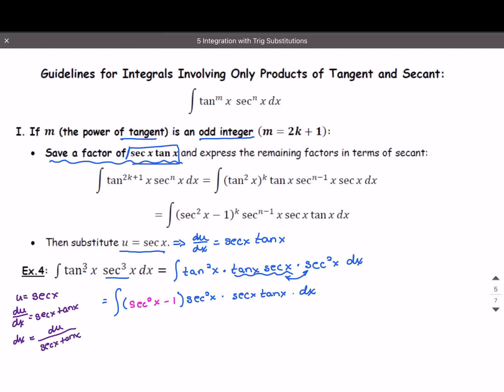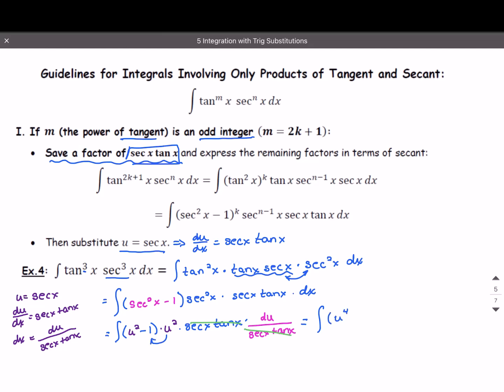So now when we make that substitution, we have the integral of u squared minus 1 times u squared times secant x tan x times du over secant x tan x. And those secant x tan x's divide out. I'm also going to take this u squared and multiply it into that parentheses.